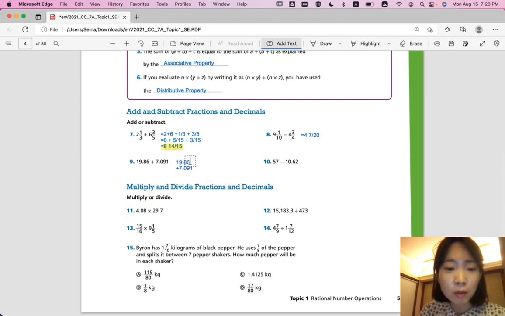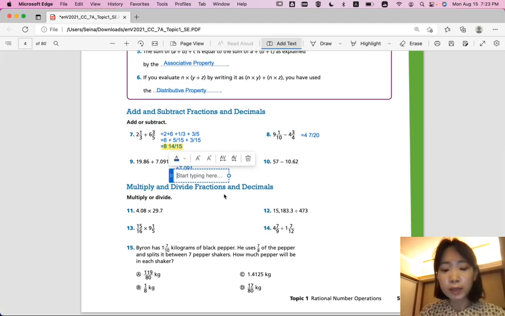You need to add 1 and 0. You can annex the 0 if you need to. And add 0 and 1, 6 and 9, 8 and 0, 9 and 7, and 1 to get 26.951.